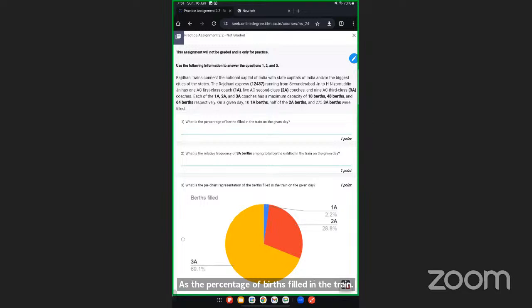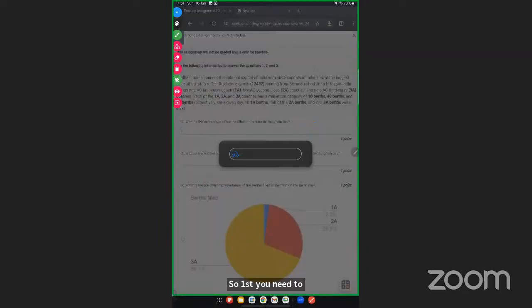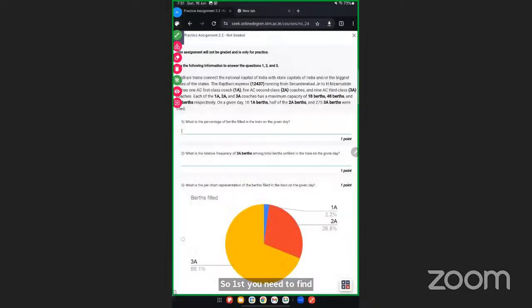So first, they are asking for a percentage. To find the percentage, you should know the total.